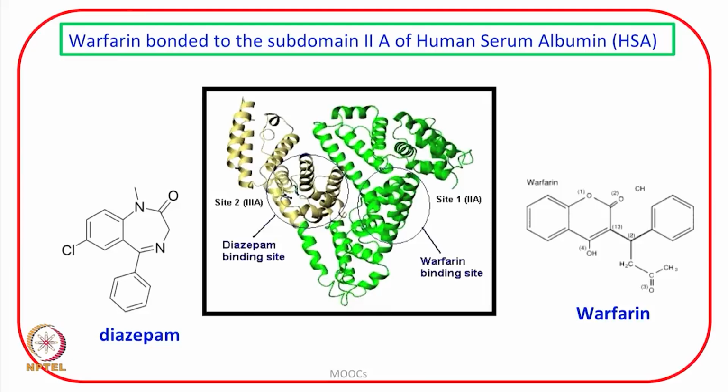Now, how to design the experiments? We have a well defined warfarin binding site, we have a well defined diazepam binding site. And these two molecules, warfarin and diazepam, can be called site markers, because it is well established that warfarin binds to pseudo site 1 and diazepam binds to pseudo site 2.